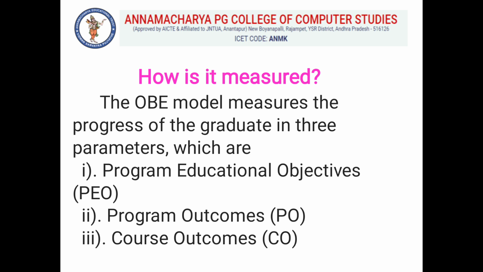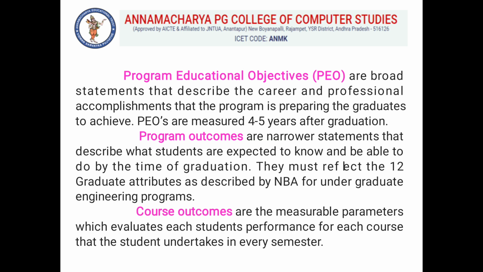How is it measured? The OBE model measures the progress of the graduate in three parameters, which are program educational objectives, program outcomes, and course outcomes. Program educational objectives are represented as PEOs, program outcomes come under POs, and course outcomes come under COs.